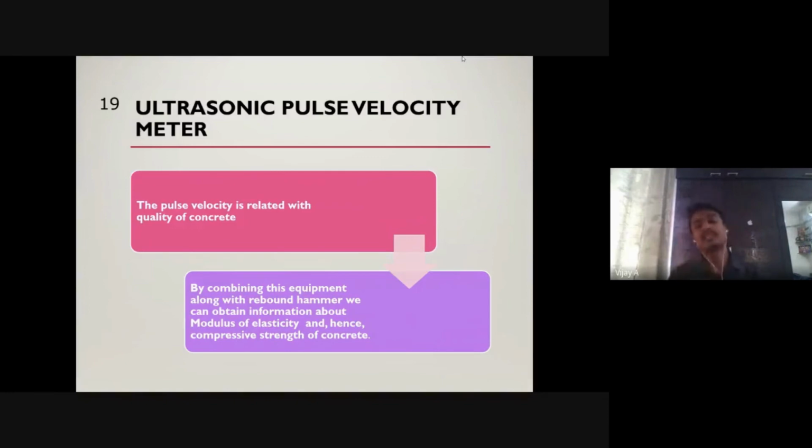So to assess the strength of the concrete, first you can make different blocks on the particular surface where you are going to make the test. On that surface, first you can use the rebound hammer, because with just one equipment you are going to make a test. So with the rebound hammer you can calculate all the values and take the result. You can then go for this pulse velocity method. Then you can cross validate the values you have got with the rebound hammer.